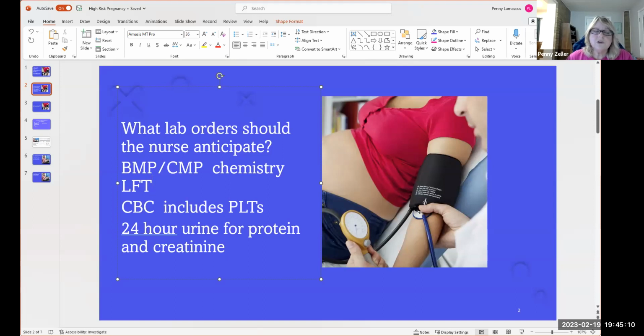Research has shown that generalized edema is not one of the early signs of preeclampsia, because generalized edema could also be associated with renal failure or renal disease. So that's not particular to preeclampsia. Maybe hands and feet or facial edema, yes. But most importantly would be pulmonary edema. Okay, so shortness of breath.